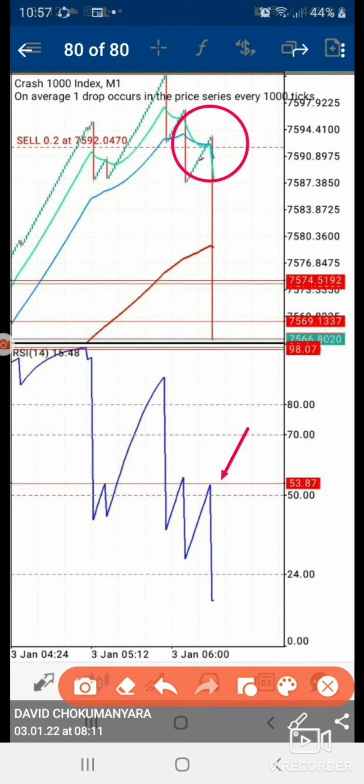Then here again, the exponential moving averages are now acting as a level of resistance again. So this combination would definitely help you to be more profitable, and you'll be able to catch spikes. So this is a good example that we have in crash. Let's look for another example.